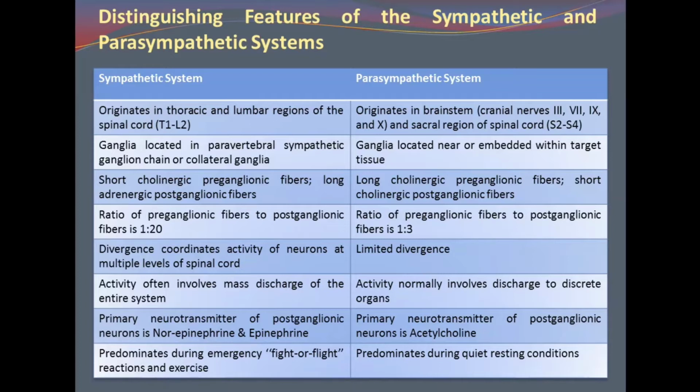Sympathetic nervous system shows divergence of neuronal activity at multiple levels of spinal cord, while in parasympathetic nervous system, the divergence is limited.